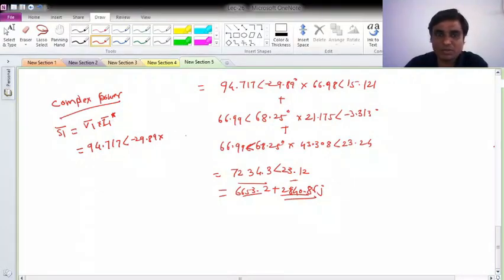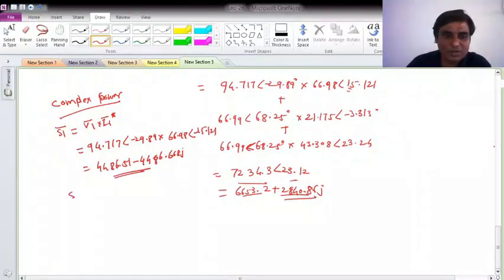What is I1 bar? It is 66.98 with complex conjugate, so here it was 15.121, it will become minus 15.121. If you calculate it, it comes out to be 4486.51 minus 4406.668 J. 4486, this is also the same, I got it.